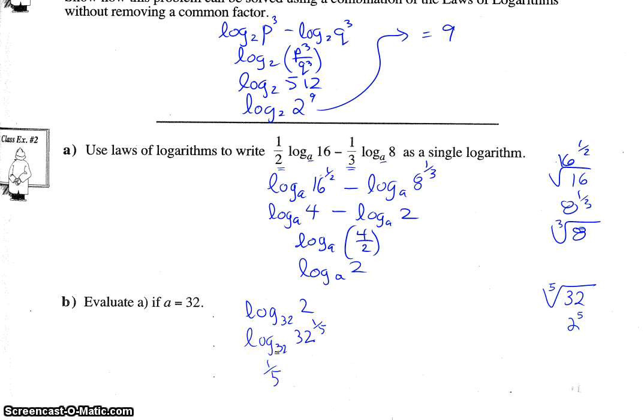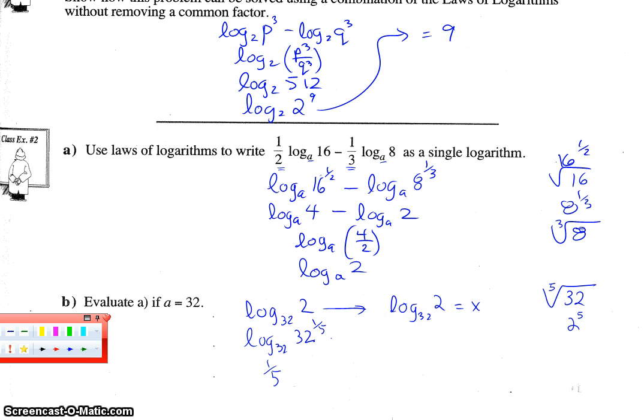Now, let's say that's a little confusing, because it is. There's an alternative way to do this. Let's say log base 32 of 2 equals some variable x, doesn't matter what. Then we're going to change it to exponential form. So we would raise both sides to get rid of that log.